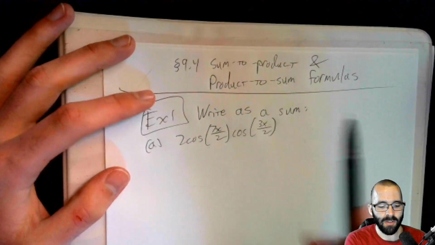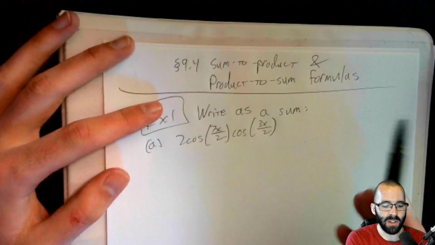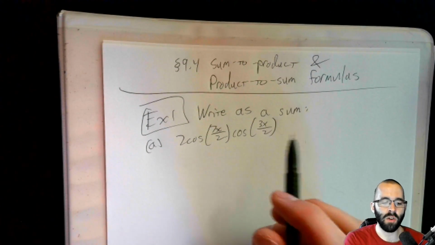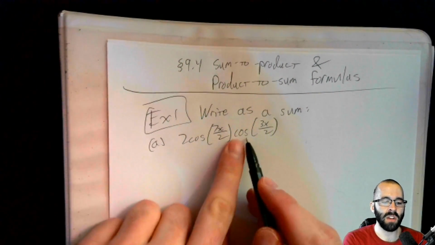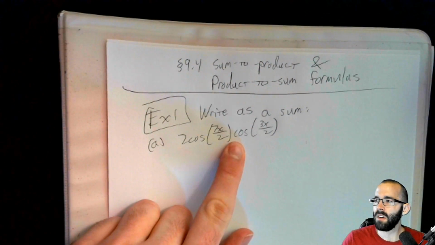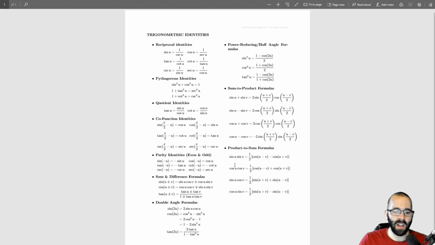But all you really need to know for this class is how to use the formula. First, we have to figure out which formula we're using. We have a cosine times another cosine. We have a product and need to write it as a sum, so we need product to sum here. It's cosine on both of them, so we don't use the first one, that's sine on both.